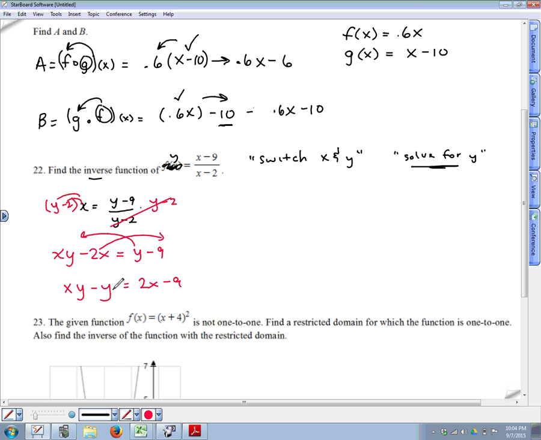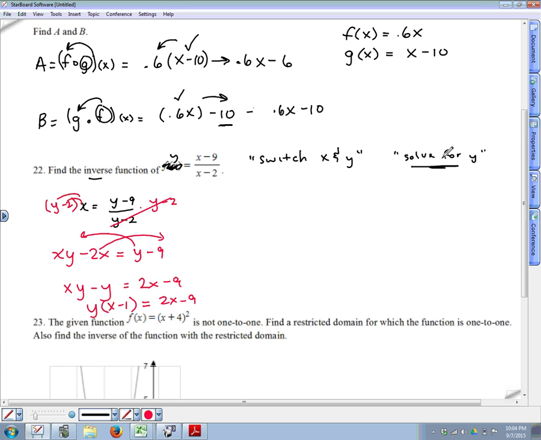The reason for trying to collect all the terms that have a y on the same side is because now these y's can be factored out. So I factored out a y on the left side. That left me with a factor of x minus 1.